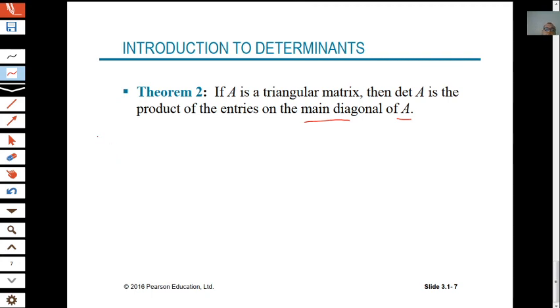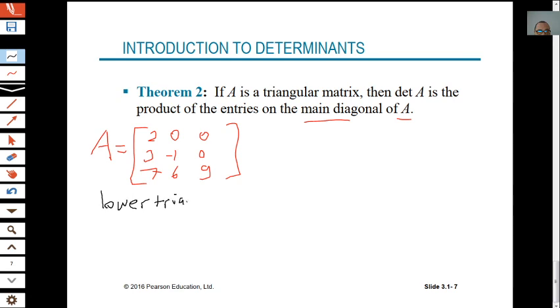If we have a triangular matrix, for example a 3 by 3 lower triangular matrix, 2 0 0, 3 -1 0, 7 6 9. This is a lower triangular matrix because all entries above the main diagonal are 0, as you can see.